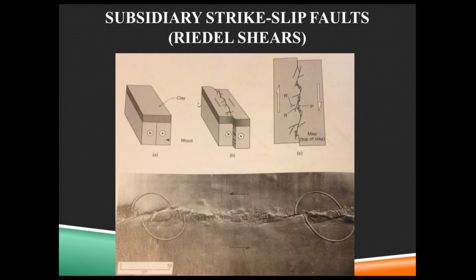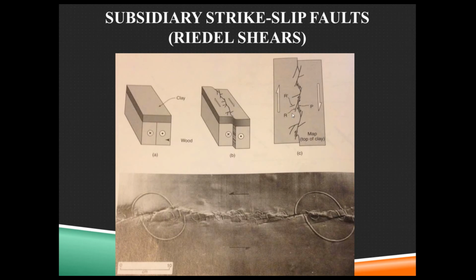We can see this happening in the laboratory if we take blocks of wood or metal or whatever, and we have a big solid chunk of clay sitting on top of it, and then we start sliding the blocks like a strike-slip fault. The clay deforms with some strike-slip faulting, but also with lots of little faults splaying off within that zone of deformation.